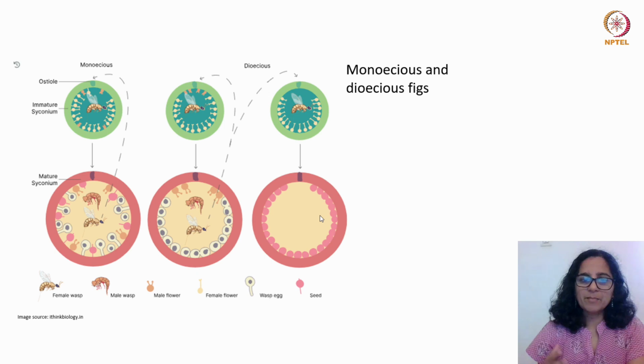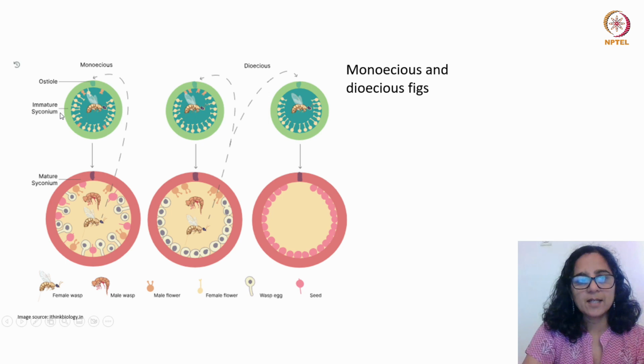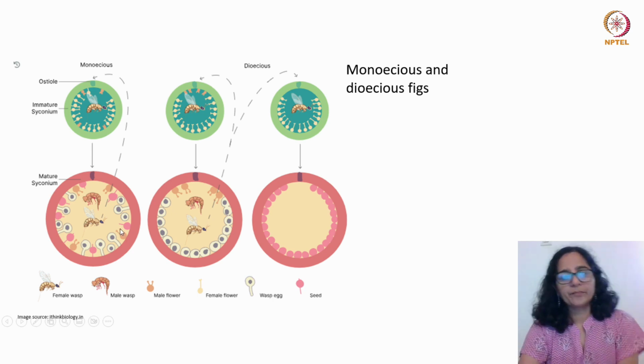Now the system becomes slightly more complicated. Till now, I talked about monoecious figs, and now I'm going to be talking about dioecious figs, right? So let's recap monoecious figs. This is an immature fig. Remember, immature are depicted in green color, and mature syconium are depicted in pink color. Right?